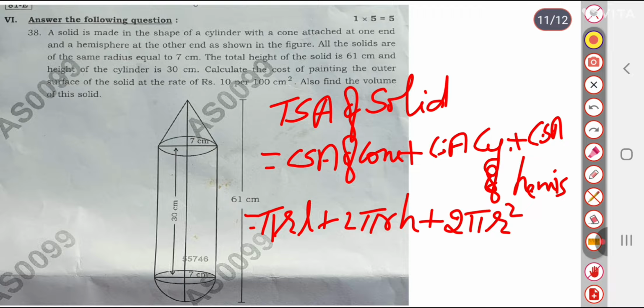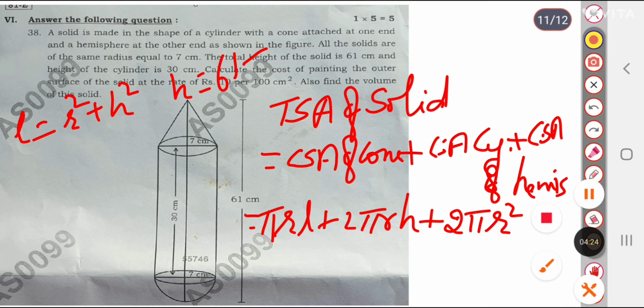Total height is given. So H is equals to height of the cone. Total height is 61. From 61 we'll subtract height of the cylinder and height of the hemisphere. Height of the hemisphere is nothing but radius of the hemisphere.